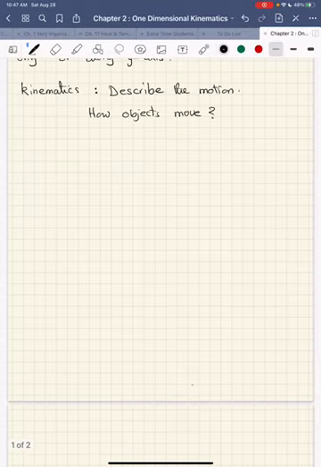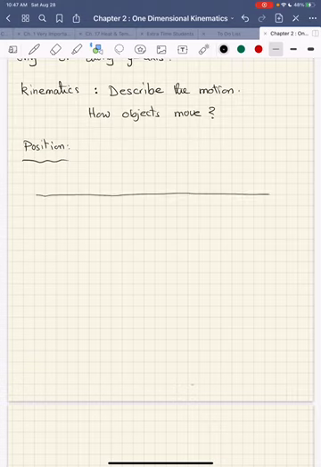Now, the first one is position. All my descriptions today will be applied to x, but of course we can expand this also to y. I should have an axis here, and this is the x-axis.